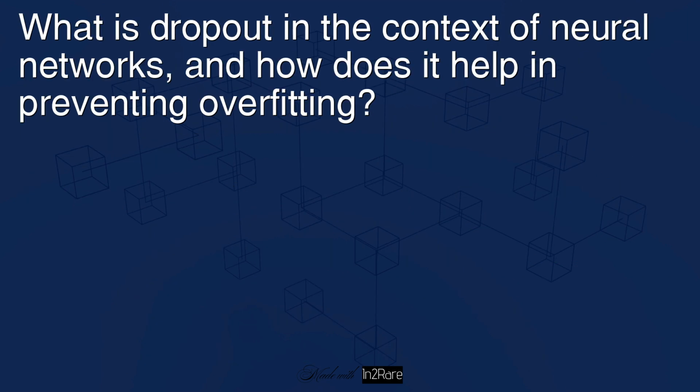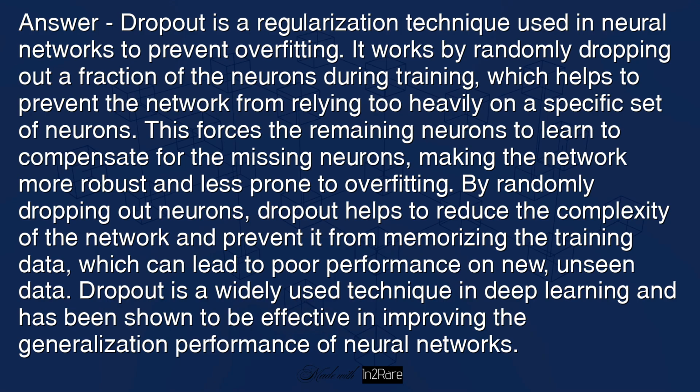What is dropout in the context of neural networks, and how does it help in preventing overfitting? Answer: dropout is a regularization technique used in neural networks to prevent overfitting. It works by randomly dropping out a fraction of the neurons during training, which helps to prevent the network from relying too heavily on a specific set of neurons.